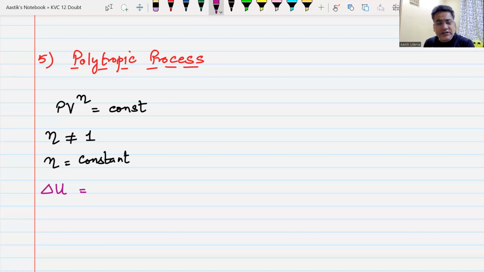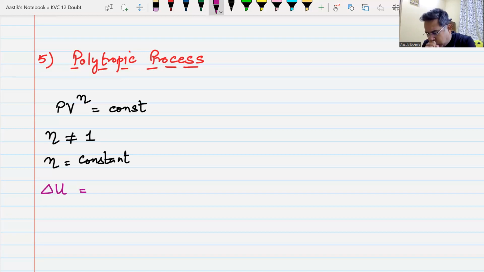What was the change in internal energy for an isobaric process? NC delta T, sir. Adiabatic process? What was the change in internal energy for an adiabatic process?